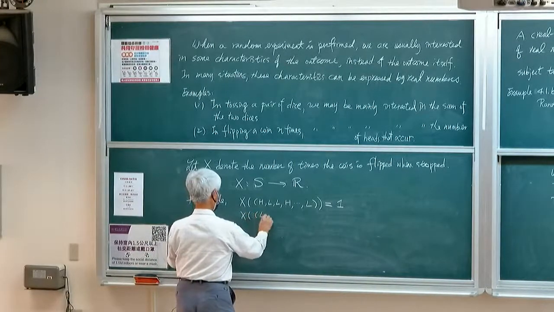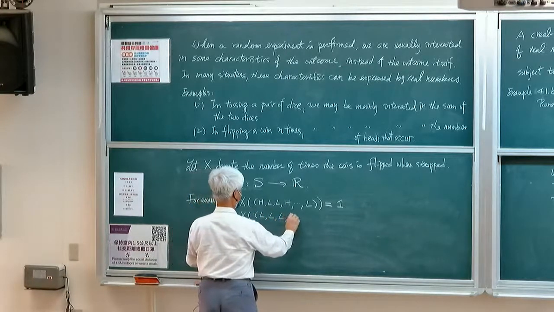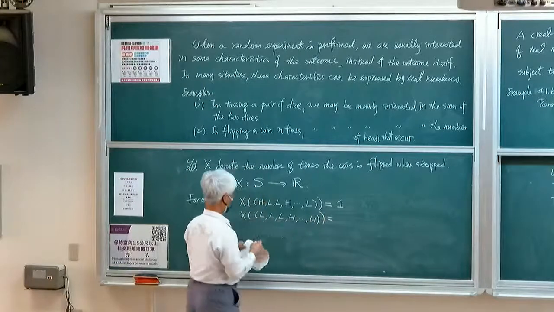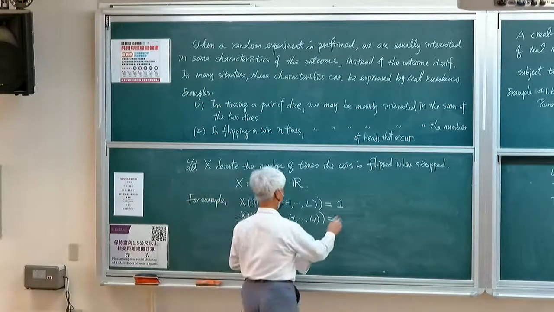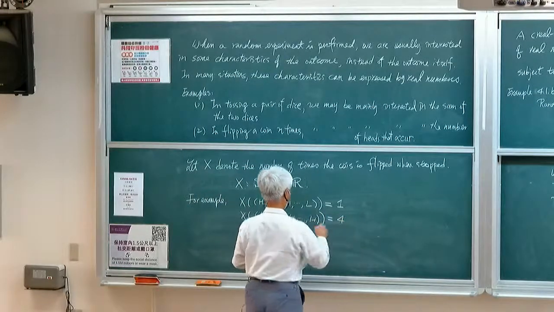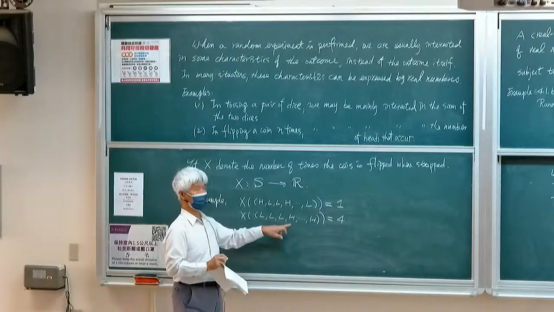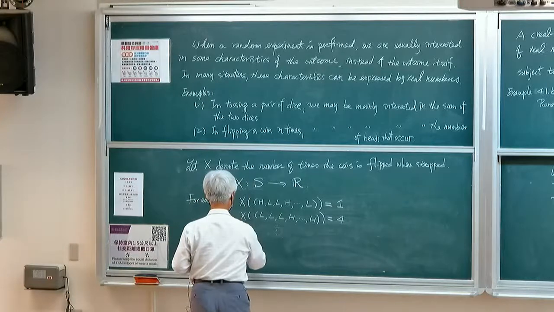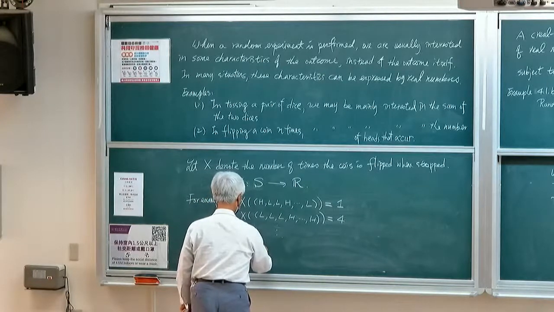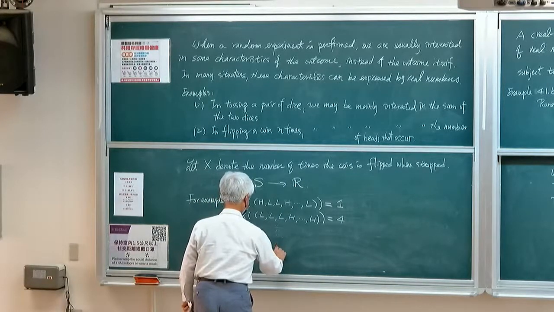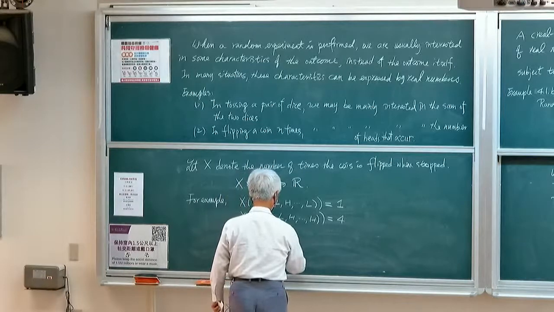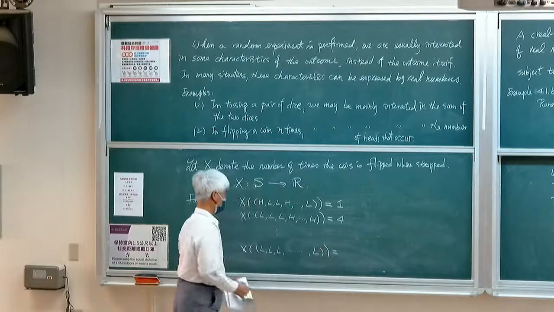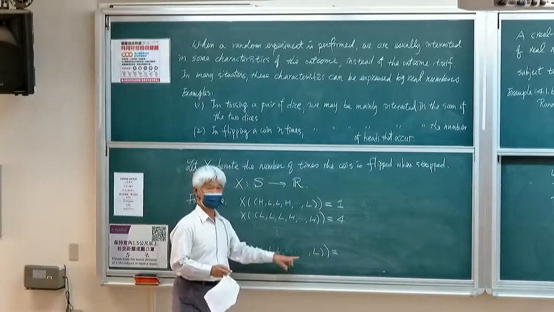But for this one, X is equal to 4, because you have to flip 4 times. Suppose that the outcome is all tails.